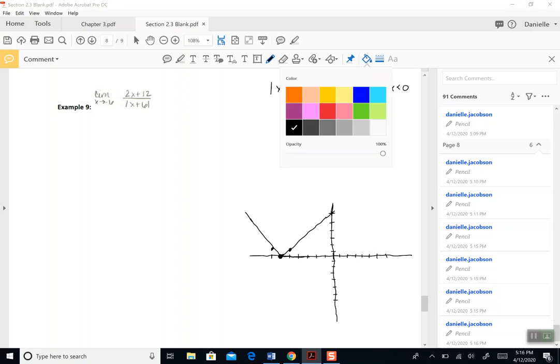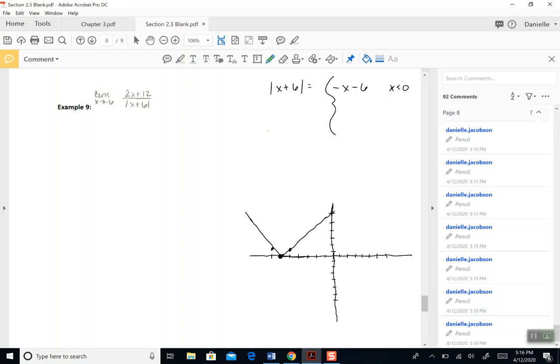Algebraically, since it's on the left, we have a negative out in front of the whole thing, and that gives us -x minus 6. Visually, if we plot this line on the left-hand side all the way down, we get the slope of -1, so -x, and the y-intercept of -6. So that's where that comes from.